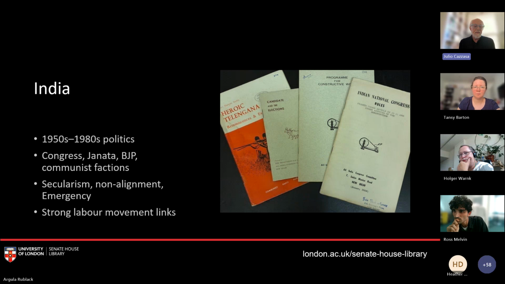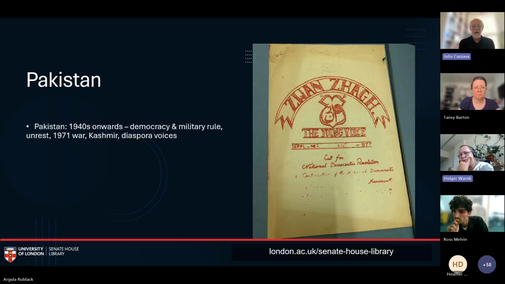The Pakistan section contains documents from as early as the 1940s and spans both democratic and military regimes. Political parties such as the Pakistan Muslim League and the Pakistan People's Party are well represented, along with smaller movements like the National Awami Party and the Pakistan Democratic Party.